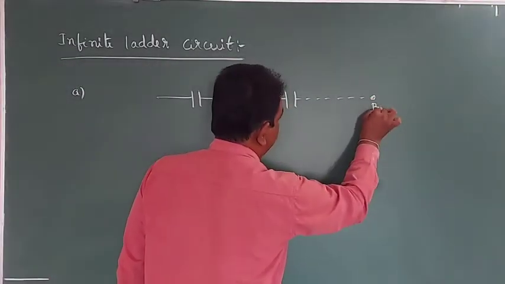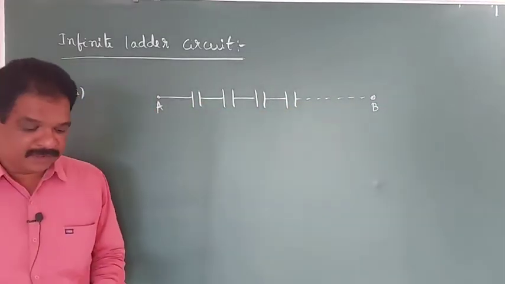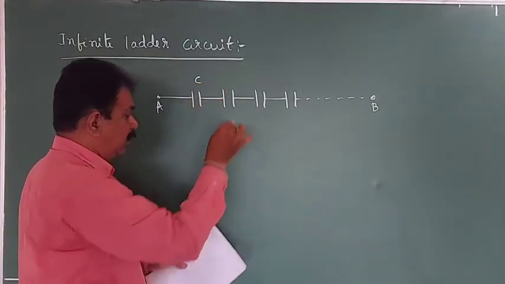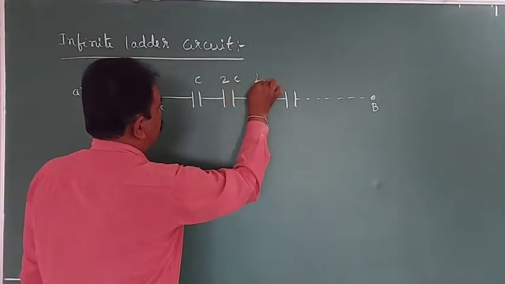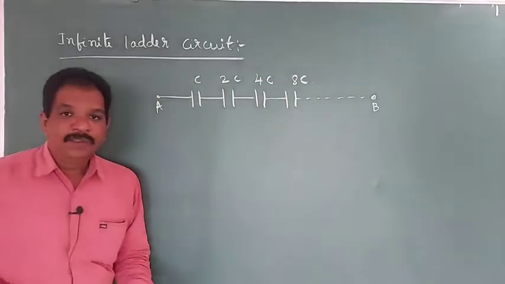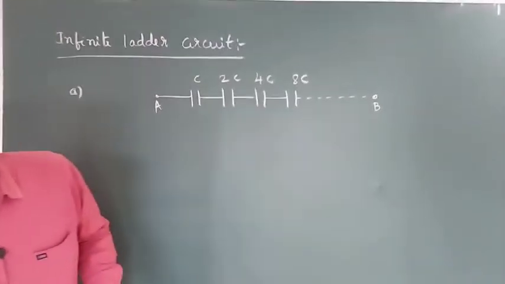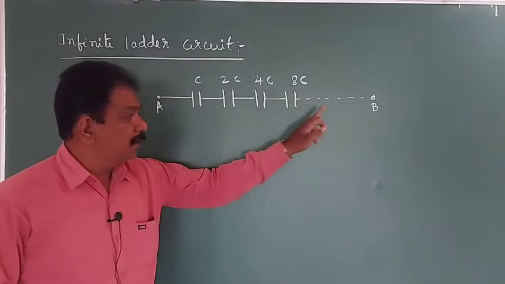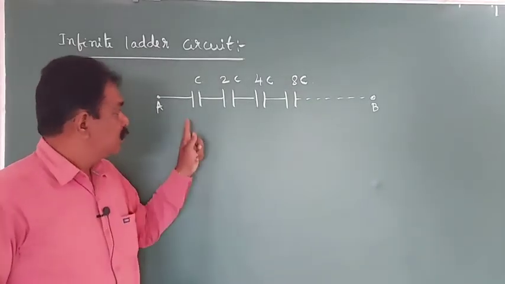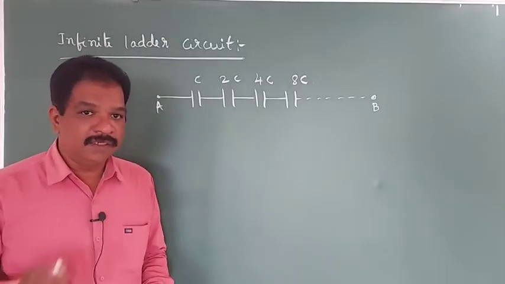Here this is B, this is A. The capacitors here are C, here it will be 2C, here it will be 4C, this will be 8C, next it will be 16C, like that. What is the effective capacity between A and B? That is the question. So we know all these capacitors are in series.